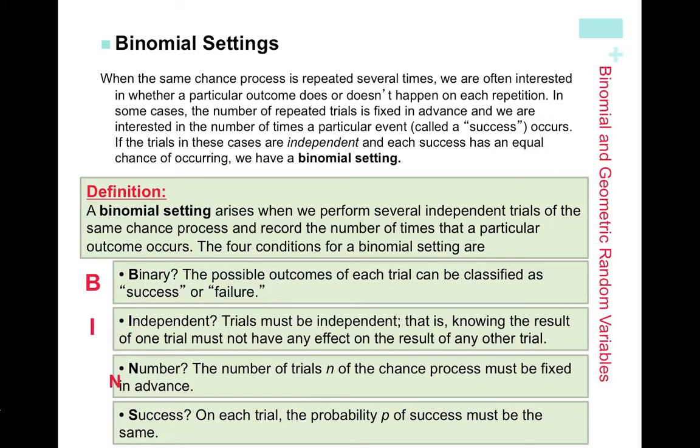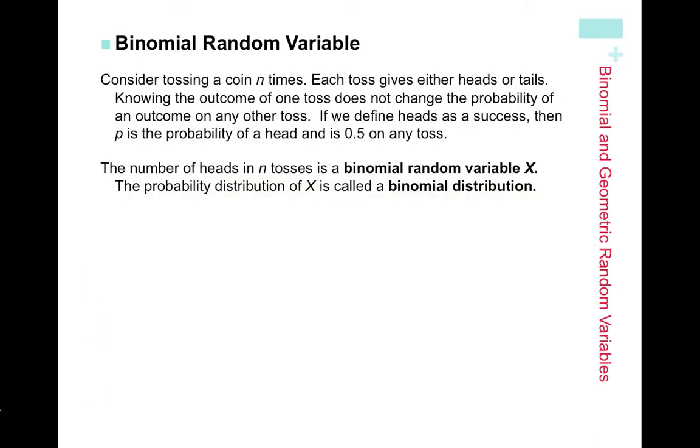So what we can do is remember that this has to satisfy the BINS. We need to check BINS whenever we're examining whether or not we can use a binomial probability distribution. So if we look at tossing a coin, we either get heads, we get tails. Those are two possible outcomes. It's binary.